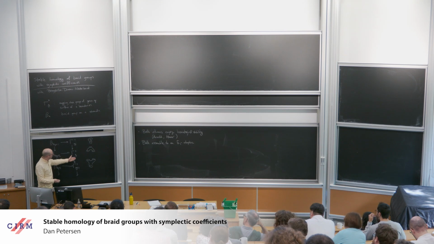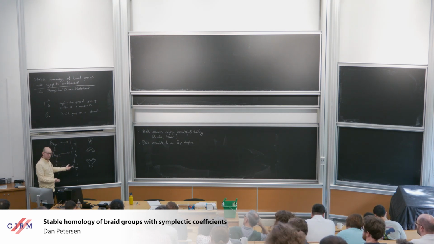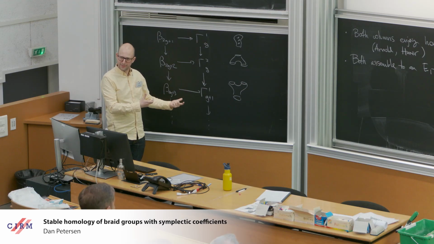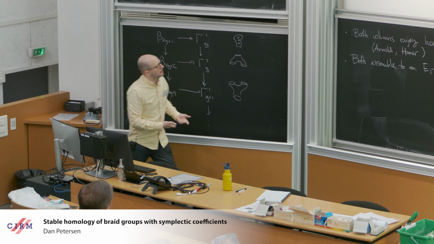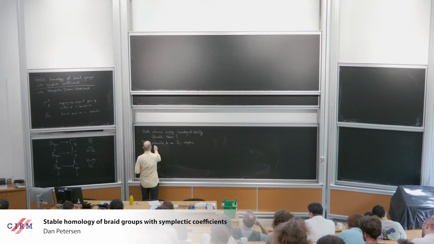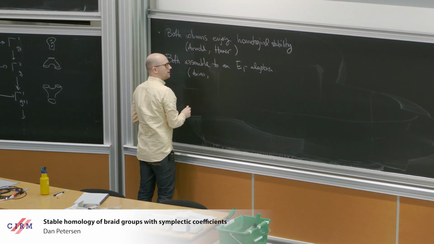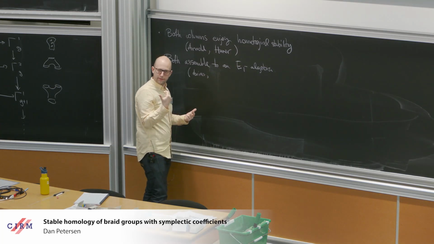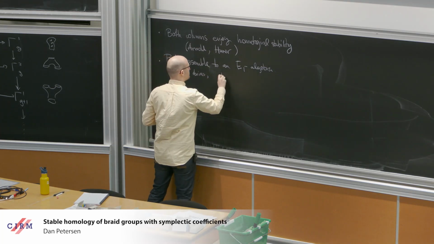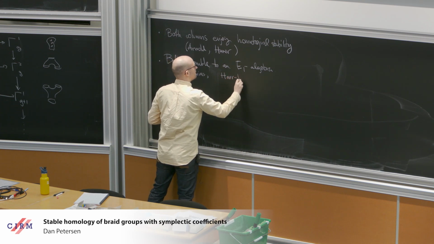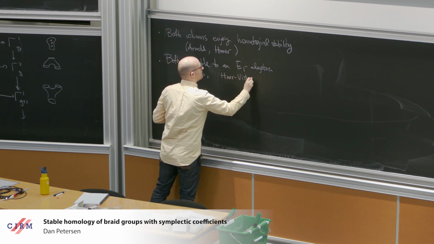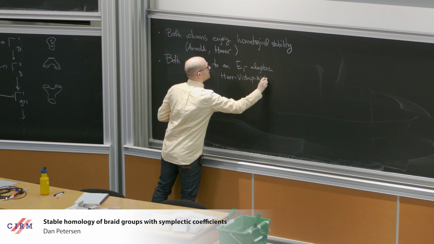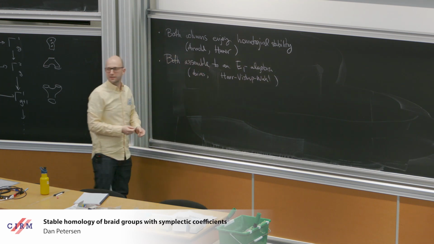Here, it's a bit more subtle because I'm using both surfaces with one boundary and two boundaries. It's not what you are perhaps used to. In that case, it's actually a relatively recent construction that appears in a paper of Hårer, Wiström, and Natalie Wahl.